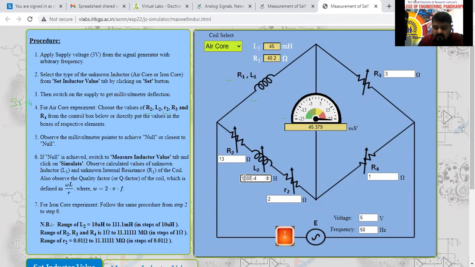45, 50, 500, 100, 45. Next, I will increase this one. So little bit changes will be there.